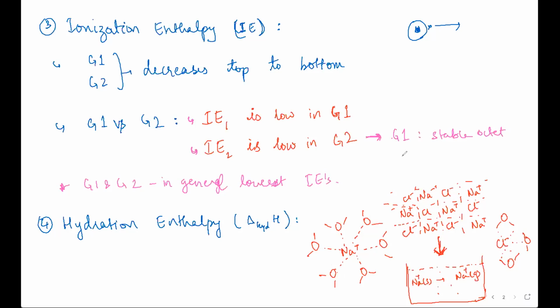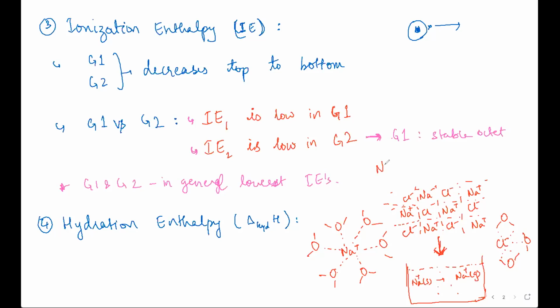So the energy change that happens in the process of water molecules surrounding this is called hydration enthalpy.